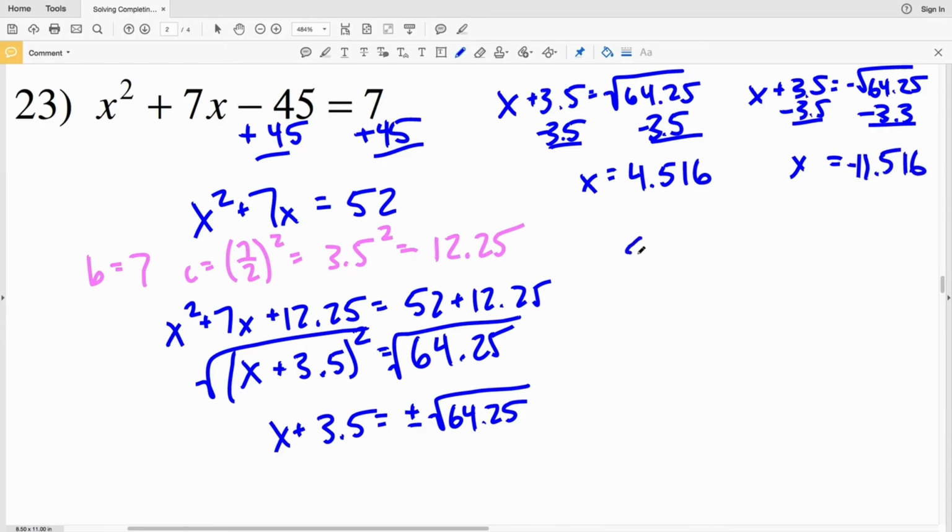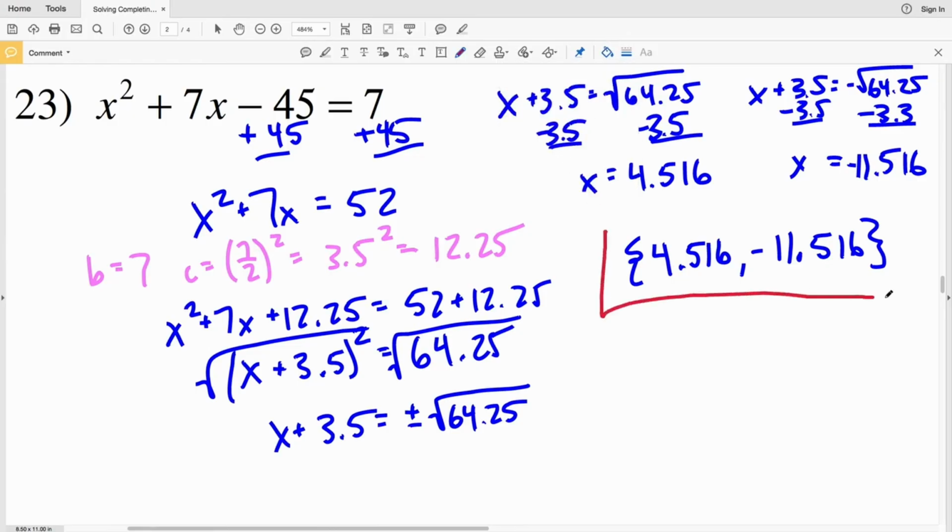So my two solutions in number 23 are a positive 4.516 and a negative 11.516. And where they rounded down or simply truncated after that third decimal place, I rounded up, or rounded to the closest.